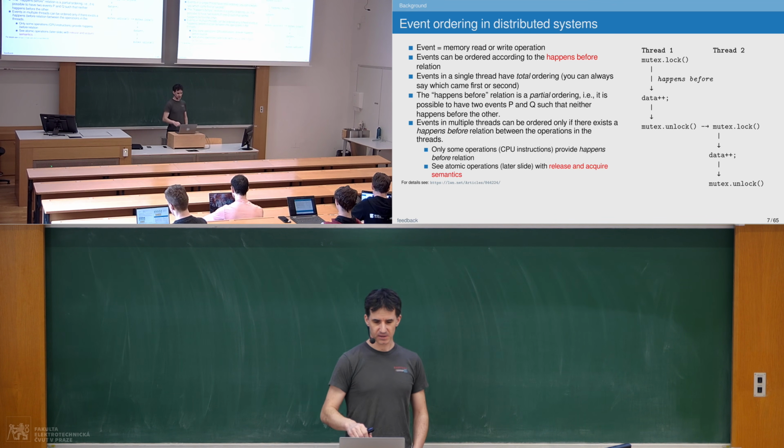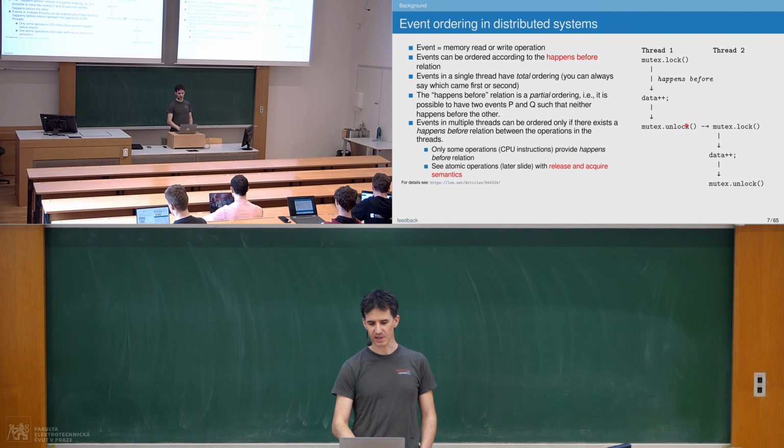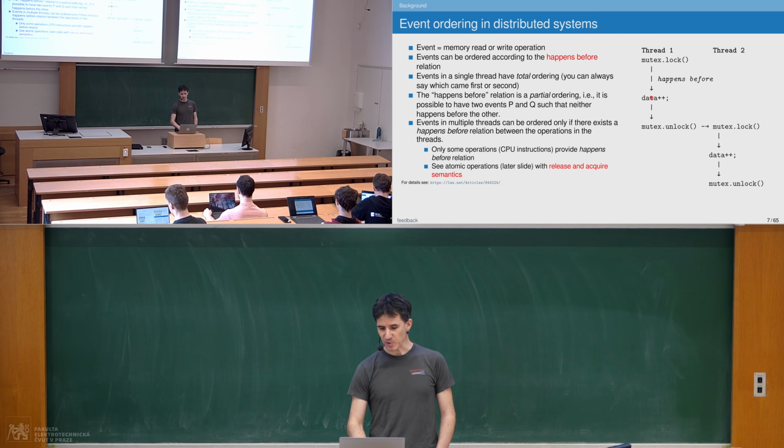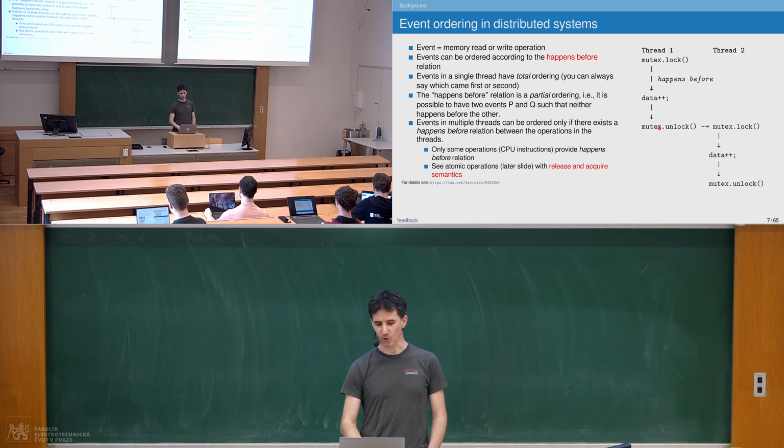Yeah, so this is a very simple example showing that if you unlock a mutex, it creates a happens-before relation between this unlock operation and another lock operation in another thread. And there is also a happens-before relation between modification of data and this unlock operation.